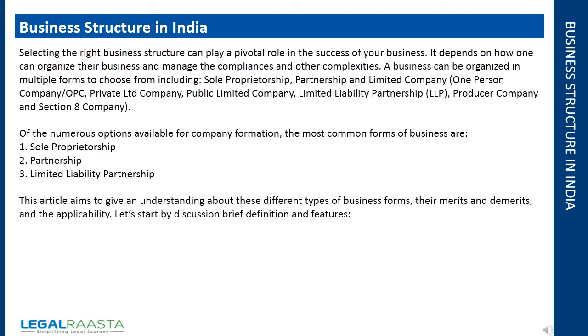A business can be organized in multiple forms to choose from, including sole proprietorship, partnership and limited company, one-person company, private limited company, public limited company, limited liability partnership, producer company and Section 8 company. The most common forms of business are: first, sole proprietorship; second, partnership; third, limited liability partnership.